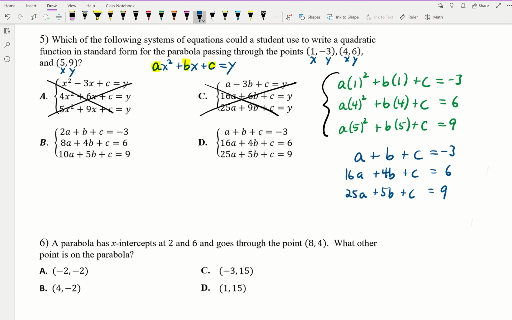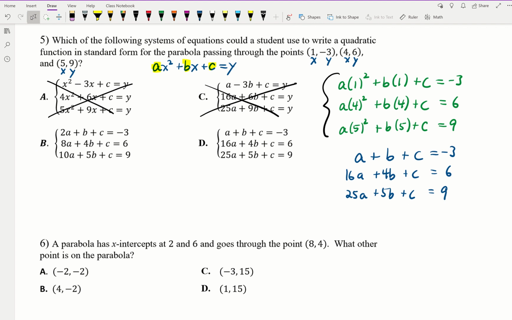So that's the system that I would be looking for, which between b and d, it's definitely d. All right. So if you see a question like that, I know that it looks very complicated, but it really comes down to substitution and being able to plug in the numbers for x and y respectively.